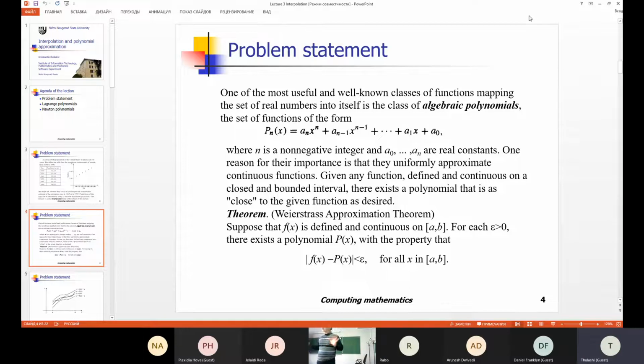If I have any continuous function, not a polynomial, but a trigonometric function, exponential function, logarithm, any other function, and this function is continuous on a closed and bounded interval, then there exists a polynomial that is as close to the given function as desired.